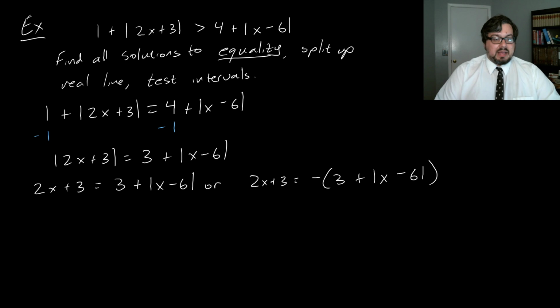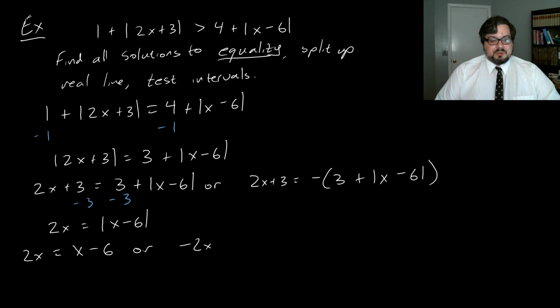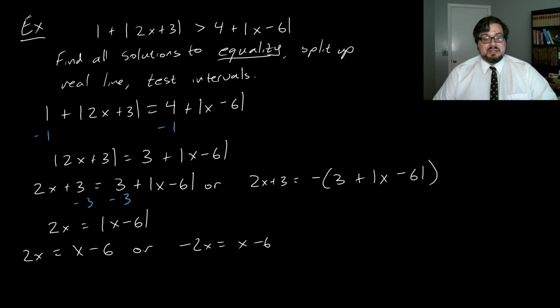So now we can try and solve this. We can subtract 3 from both sides, get 2x is equal to the absolute value of x minus 6. And now this can split up. We get 2x is equal to x minus 6, or negative 2x is equal to x minus 6. Once again, changing the other side of the equality to a negative in order to get our two solutions to the absolute value equality.